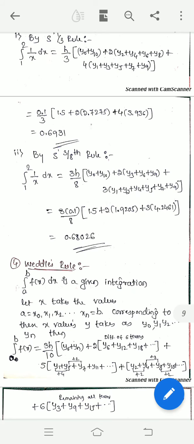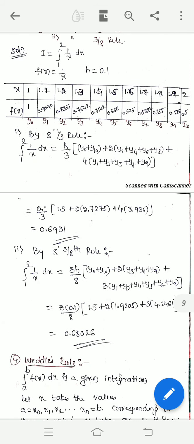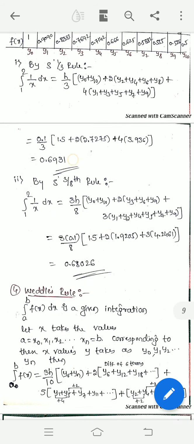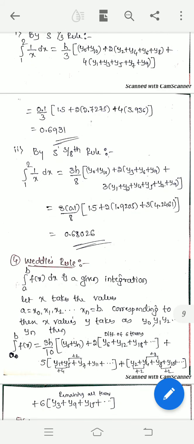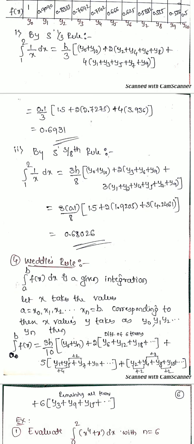Okay, so this is by using the Simpson's 1/3 rule method. Similarly, they are asking in the example to use Simpson's 3/8 rule, so find the integral value.